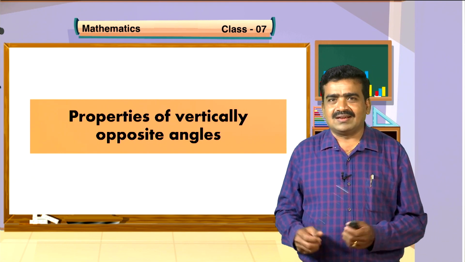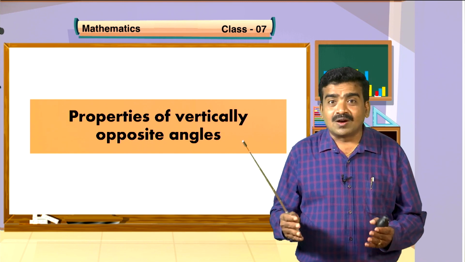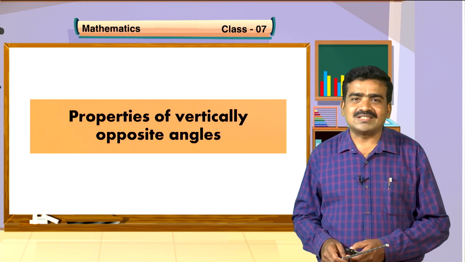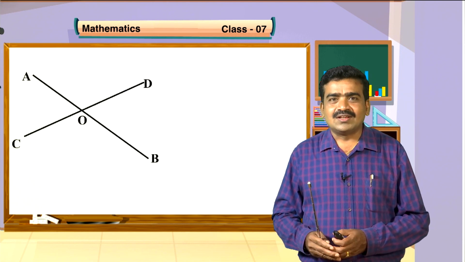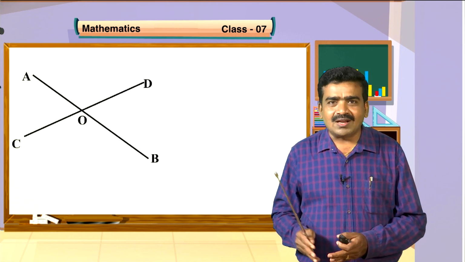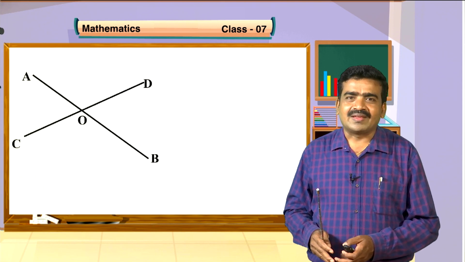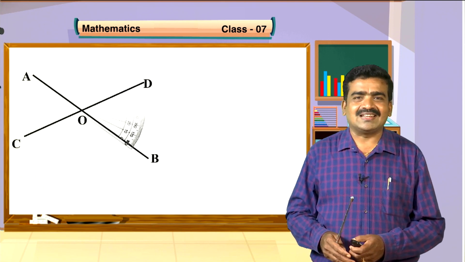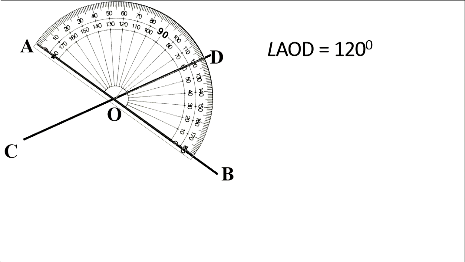Now let us learn one more important aspect of this lesson, properties of vertically opposite angles. While measuring the angles, you come to know that a pair of angles are equal when we measure the angles formed by intersecting lines. Here we have measured this already.